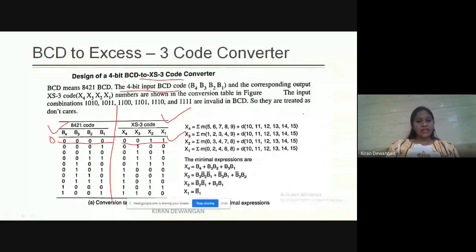How do we get the 4-bit XS3 code of the 4-bit BCD code? मैंने क्या बताया था? XS3 का concept क्या होता है? Yes? We add 0011 to the BCD code. Correct. So we are adding 0011 to the BCD code and we are getting the XS3 code. That concept is correct. ठीक है?